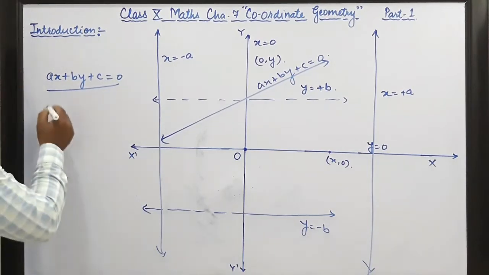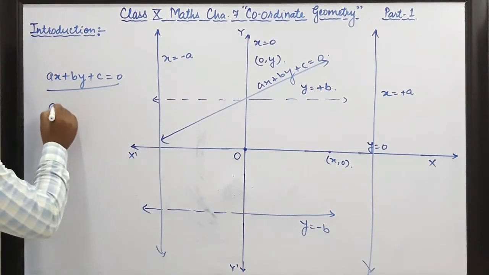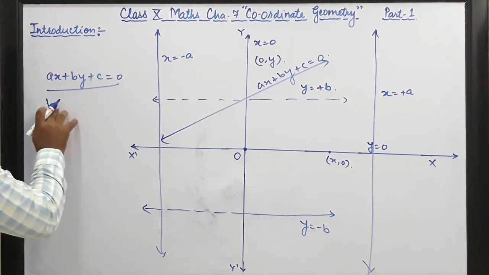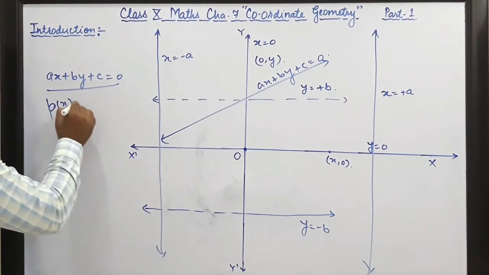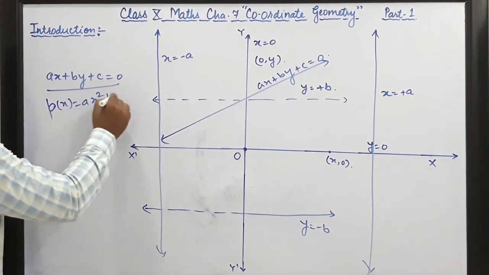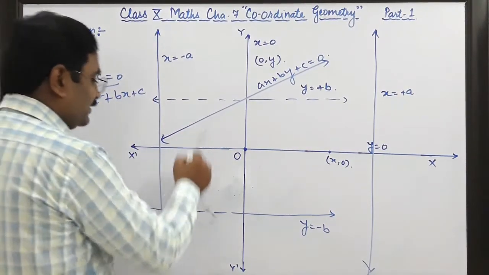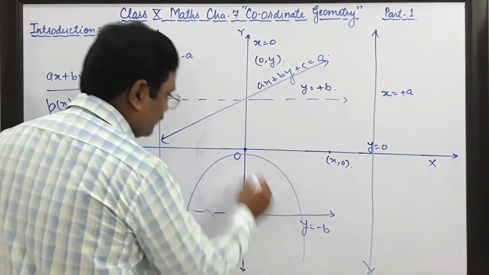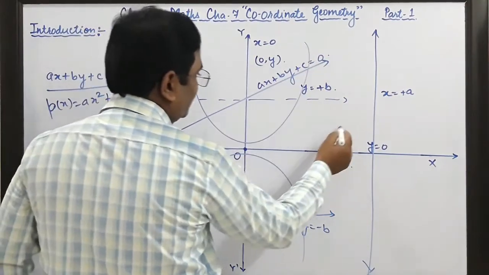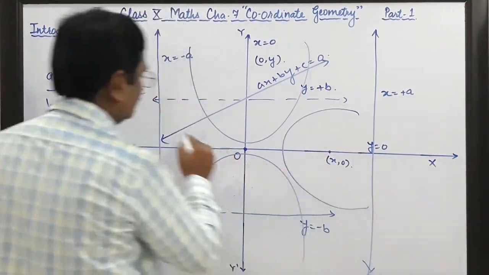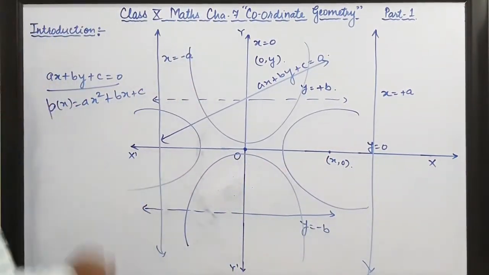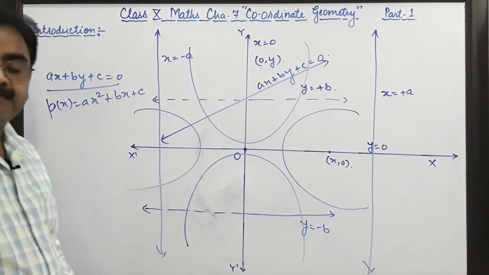Because it has second degree. p(x) equals ax square plus bx plus c, and this equation is of this parabola in any direction. It can be in this direction also, it can be in this direction also. Right?